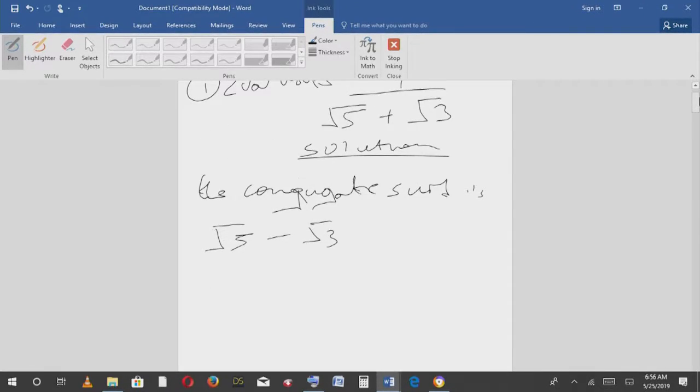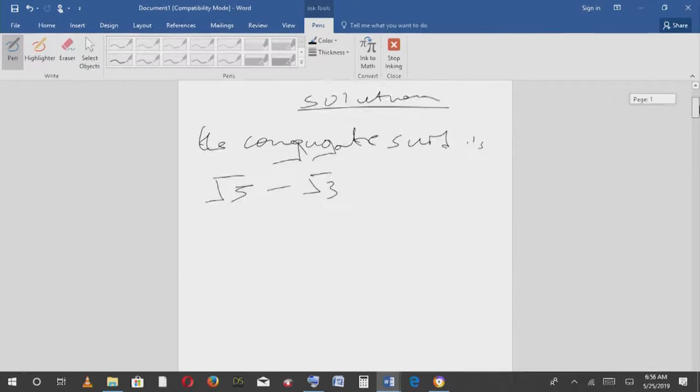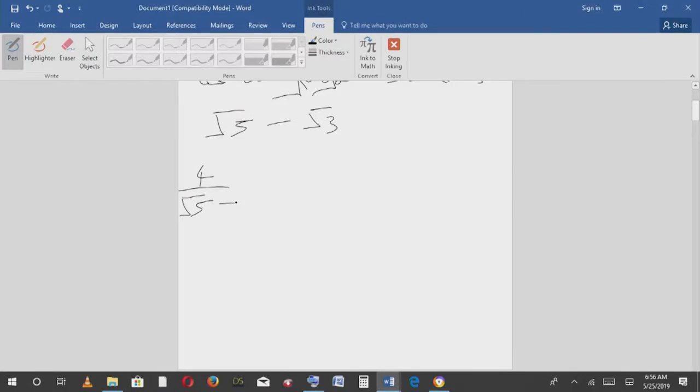So we have to multiply both numerator and denominator by the square root of 5 minus the square root of 3. So we need to do that now, which says 4 upon root 5 plus root 3 multiplied by root 5 minus root 3. This gives us 4 multiplied by root 5 minus root 3.